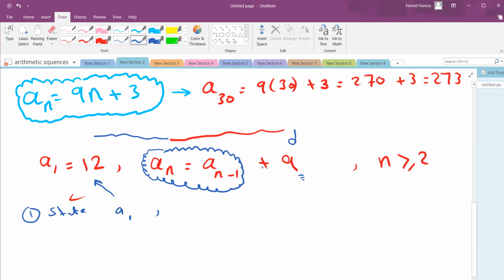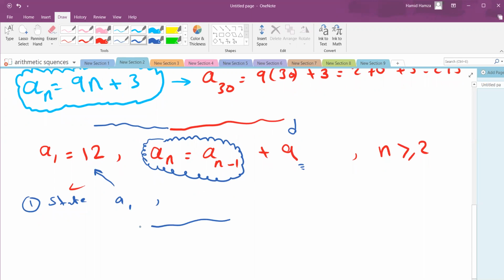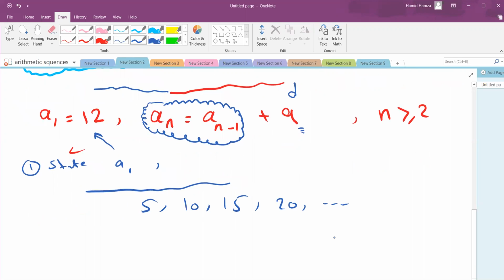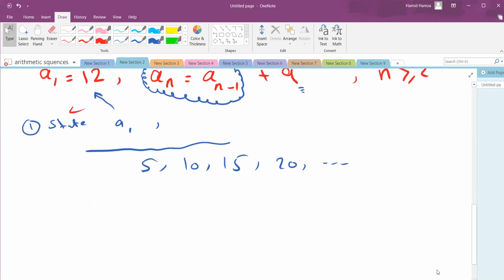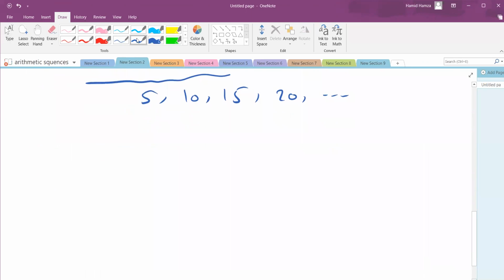For example, what if I have 5, 10, 15, 20, and so on, and I asked you to write the recursive formula for this sequence? Number one, state the first term, so A1 equals 5.